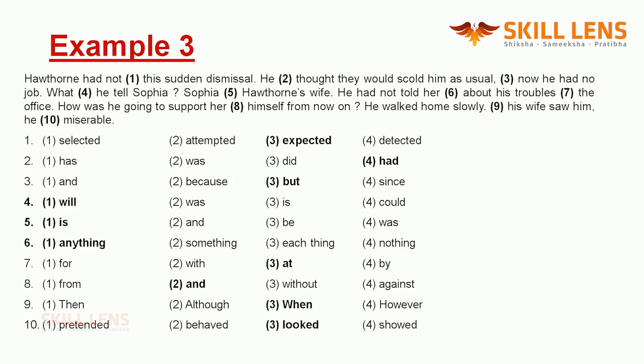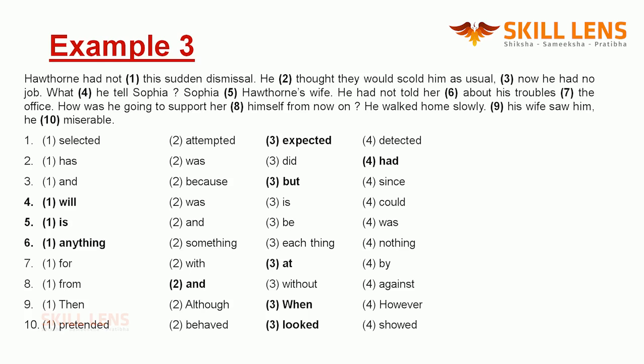When you go through these conjunction words, you will understand that "but" is the word that fits best there. It is giving us a contradictory idea, whereas "and," "because," "since" are all supporting idea words. Here, "but" is the only word that is giving us a contradictory signal.